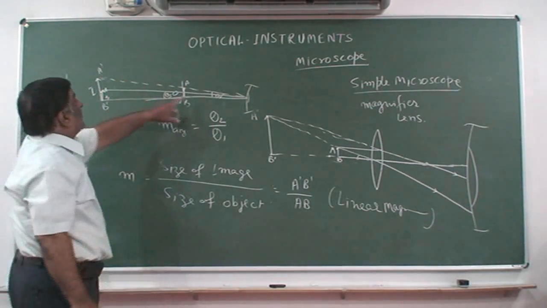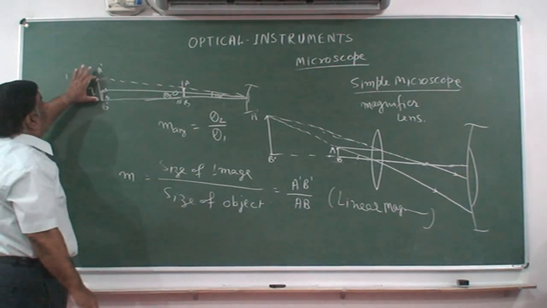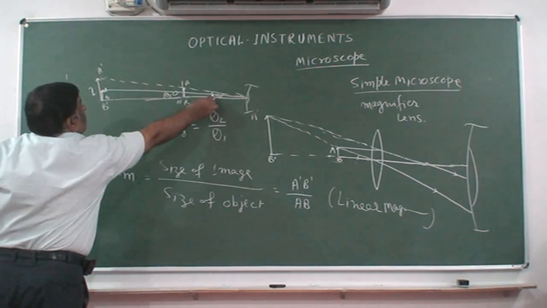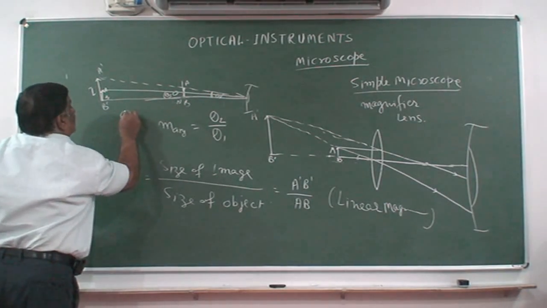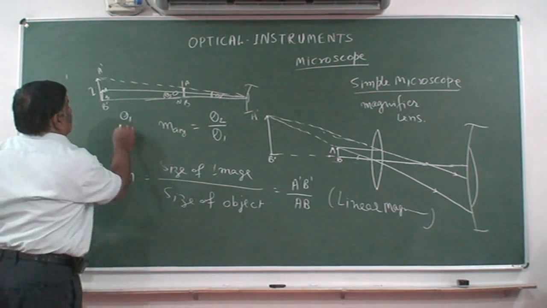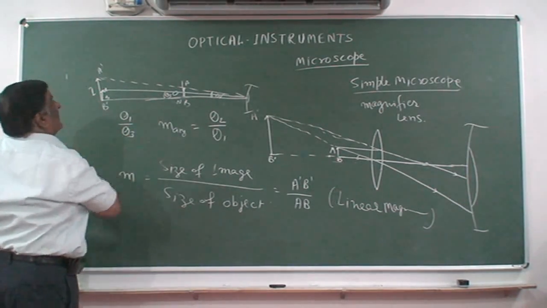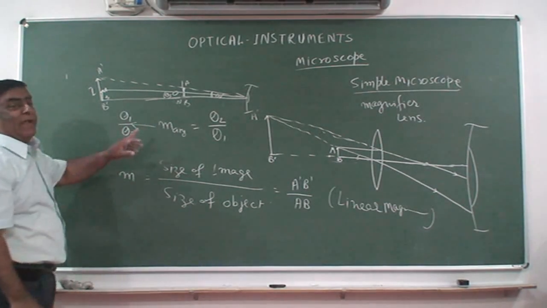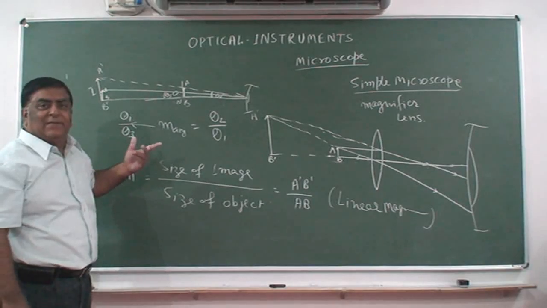Okay, we are drawing the object here. Now the angle made by image is how much? Theta 1, the large one. Then angle made by the object, this is theta 3, theta 3. So theta 1 upon theta 3 is angular magnification in this case.